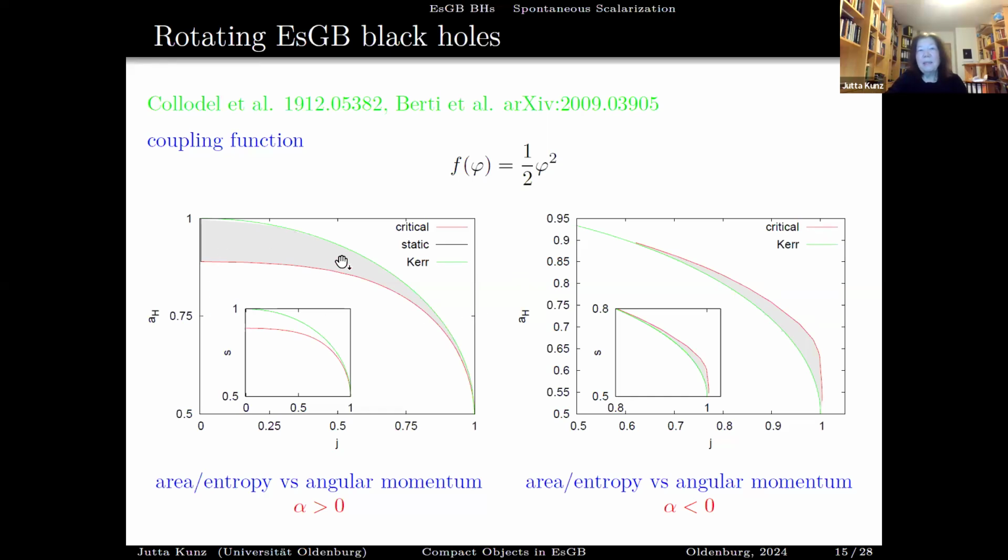The domain of existence here is, of course, smaller. And if the coupling constant is positive, then in that case also the entropy is smaller, so it doesn't hint towards stabilization, I would say. But in the other case, when you have spin-induced scalarization, then the entropy is bigger.